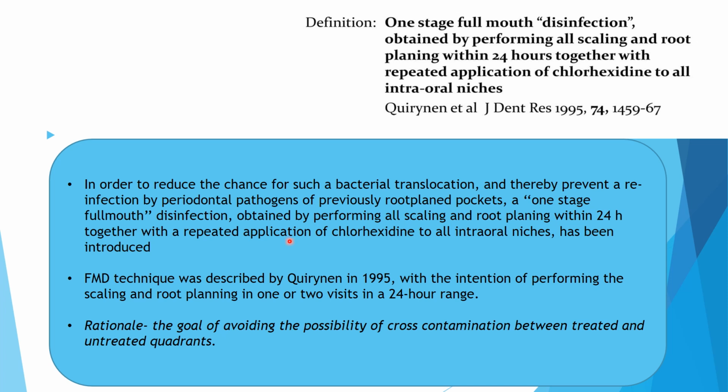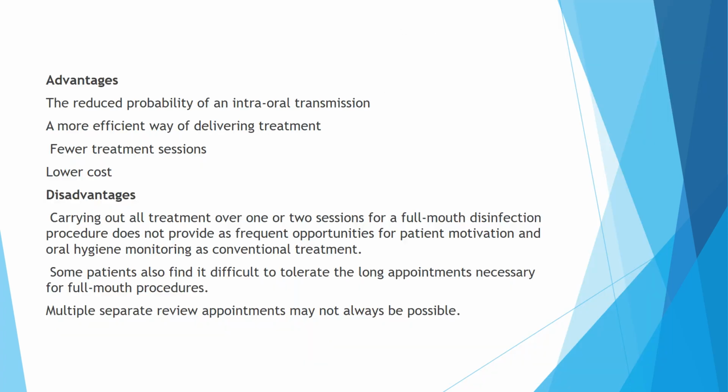This was described by Quirynen in 1995 with the intention of performing scaling and root planing in 1 or 2 visits in a 24-hour range. The main rationale is to avoid the possibility of cross contamination between treated and untreated quadrants.